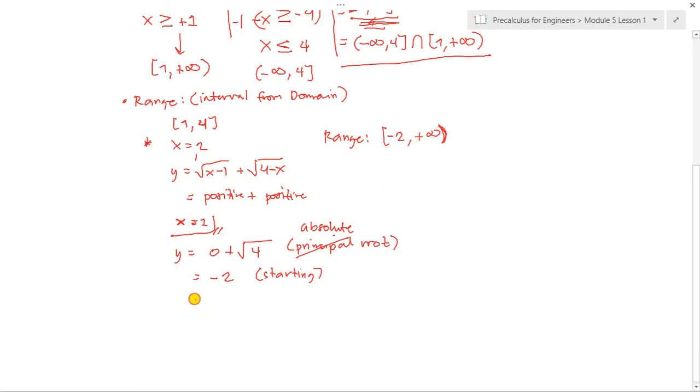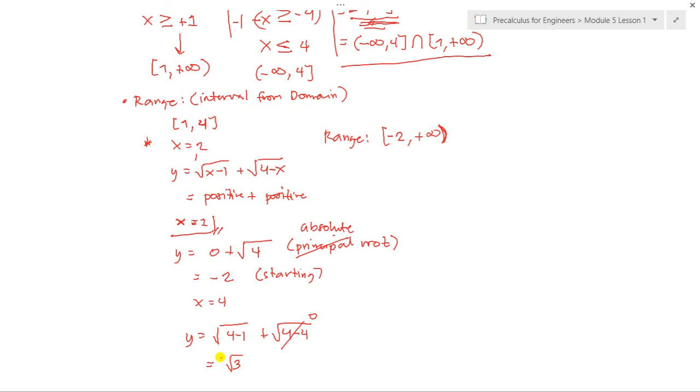So let's say if our x is equal to 4, what would happen? So we have y is equal to 4 minus 1, and then plus square root of 4 minus 4, so this would be 0. What is 4 minus 1? That is 3, so we have square root of 3. So here you can also have negative square root of 3, diba?